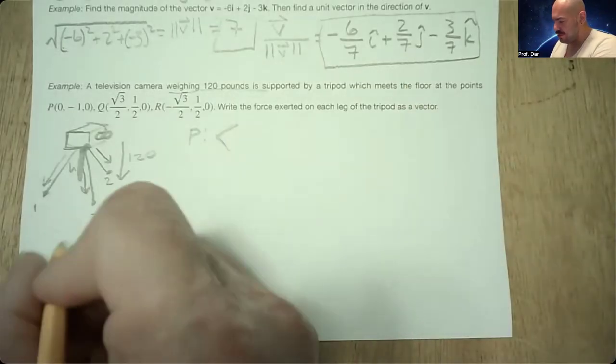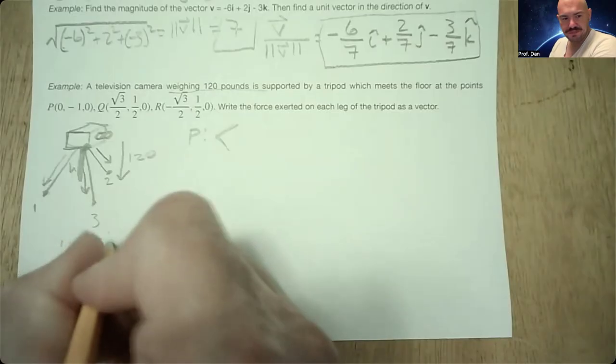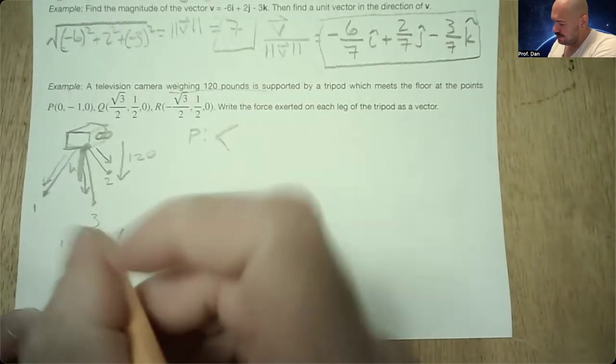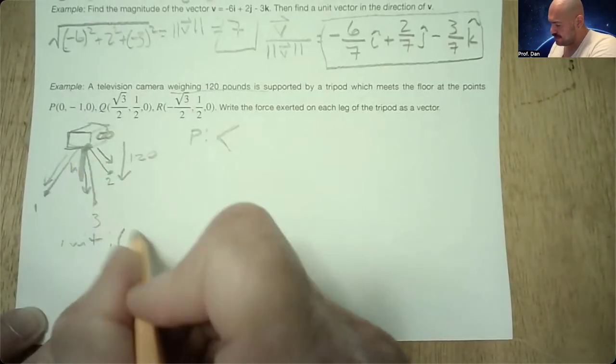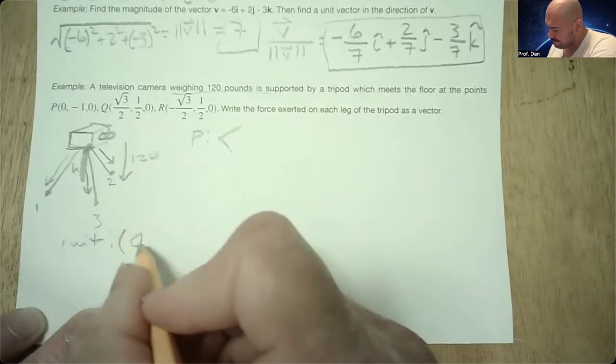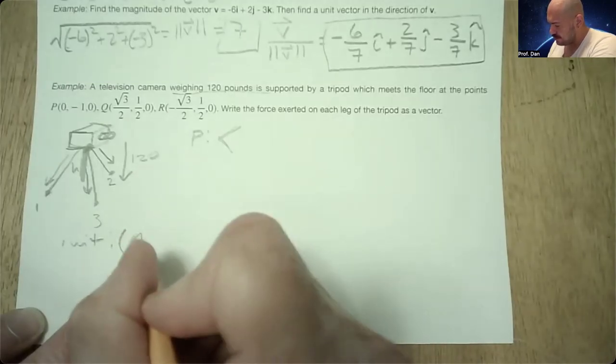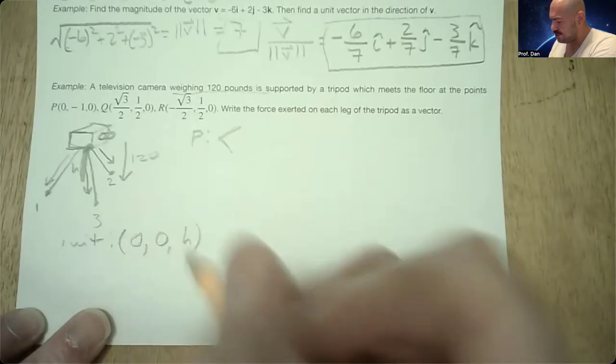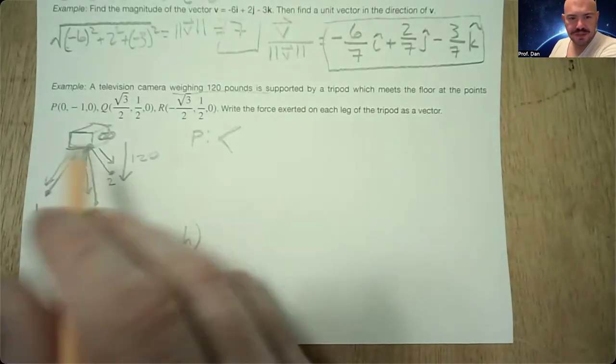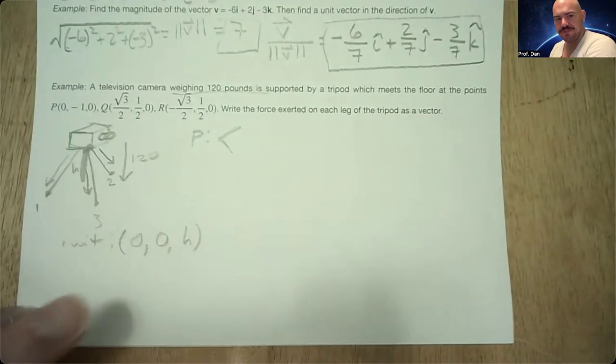So we know that the initial point is going to be 0, 0, h. The final point is going to be each of P, Q, and R.